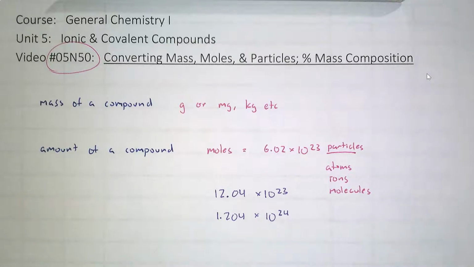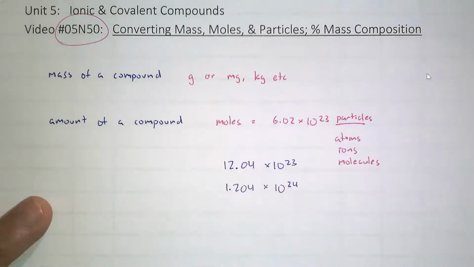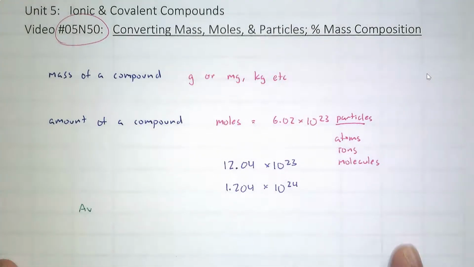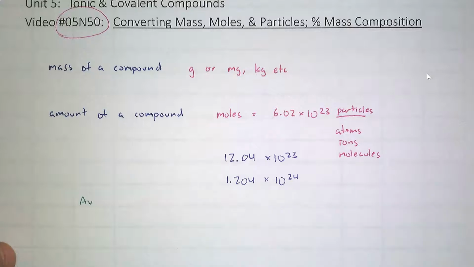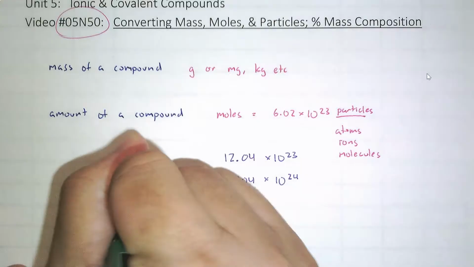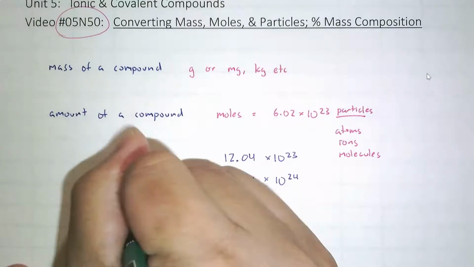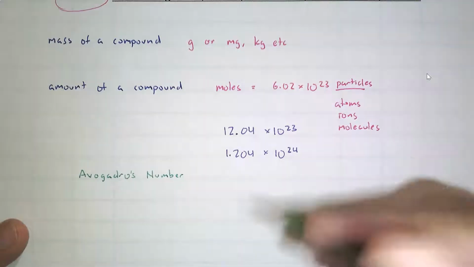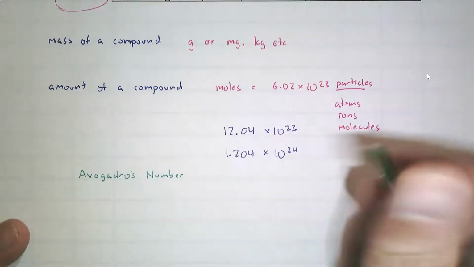There's actually one other thing I want to say. When we're doing these calculations, a lot of dimensional analysis, canceling out units, when we're going to use Avogadro's number, I want us to think of it as a conversion, meaning that it's going to have units in the numerator and the denominator.